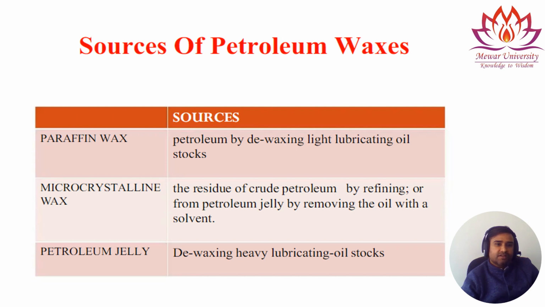When you remove the oil with the solvent, then you get the microcrystalline wax. Then the third classified wax is petroleum jelly. This comes from dewaxing heavy lubricating oil stocks. If you remove the wax out of the heavy lubricating oil stocks, that wax is called petroleum jelly.